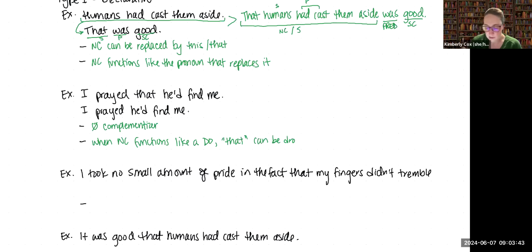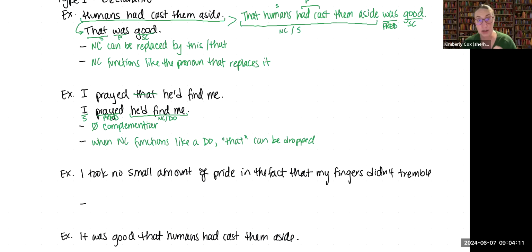Let's take a look at what I mean, right? We have our subject and our predicate here. He'd find me is a noun clause that functions like a direct object, right? What that allows us to do is cross out this that. So instead of saying I prayed that he'd find me, we can just say I prayed he'd find me.